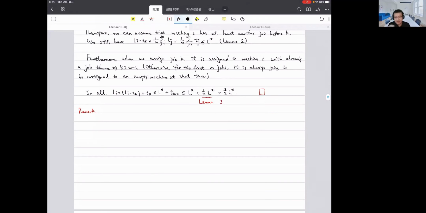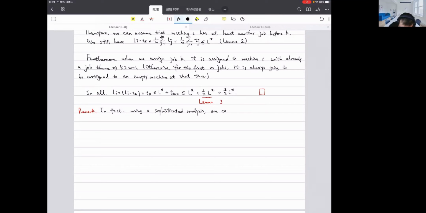In this class, we are satisfied with this 3/2 approximation. It is possible, using a more sophisticated analysis, to even further improve the approximation ratio bound here.